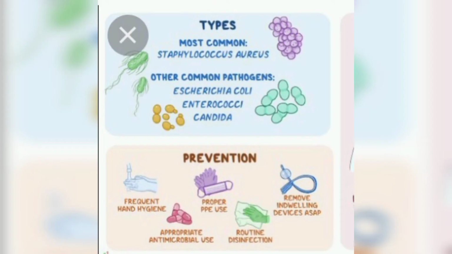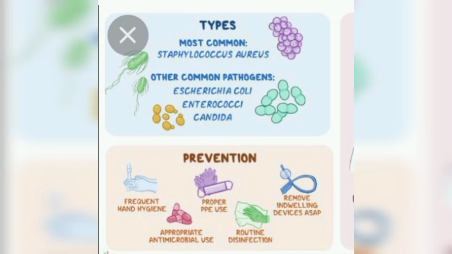What are the common organisms we see in a nosocomial infection? E. coli, enterococci and candida. How are we going to prevent nosocomial infections? We have to do maximum hand washing, which definitely reduces cross infection as well as nosocomial infections. Proper usage of personal protective equipment, removal of the catheter as early as possible if it is not required, proper antibiotic and antimicrobial usage, and routine disinfection.